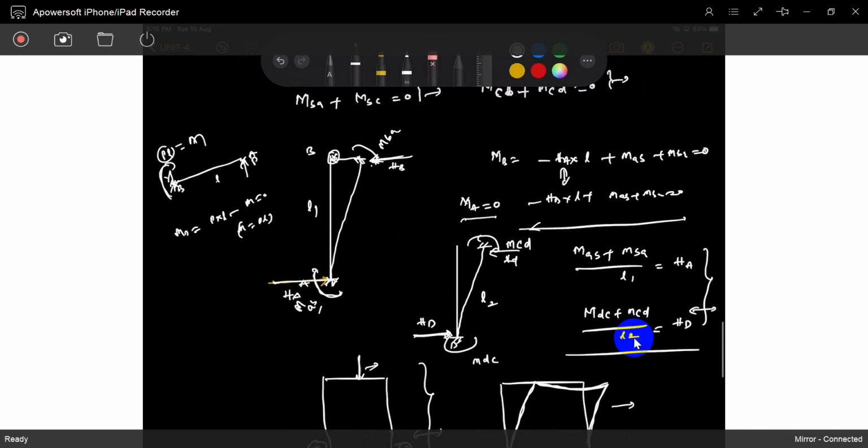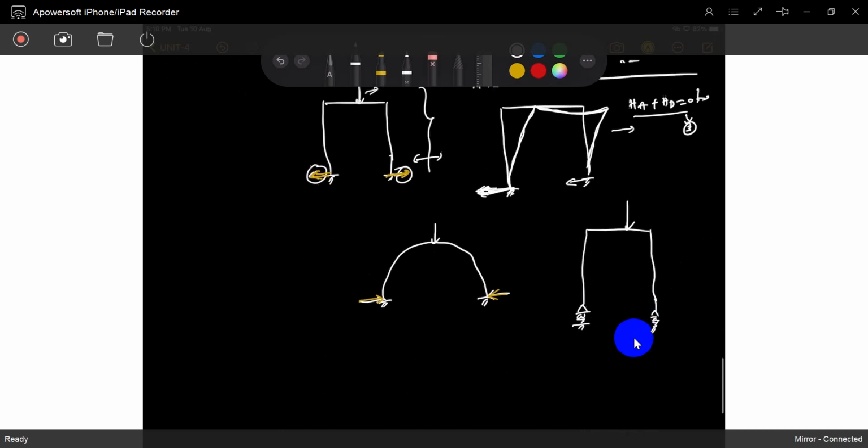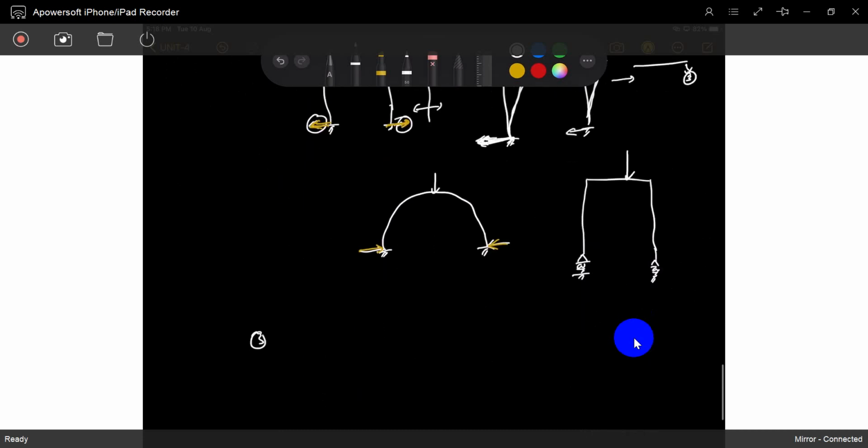Based on that, we get HA plus HD compulsorily 0, because there is no other horizontal force in the system. So this is another equation, the third equation. Equation three is (MAB plus MBA) by L1 plus (MCD plus MDC) divided by L2 should be 0.